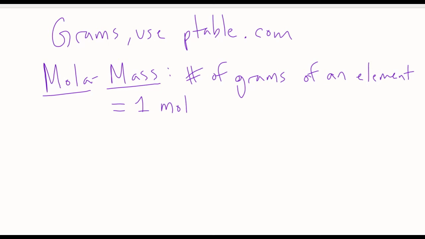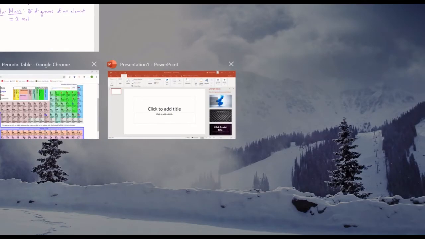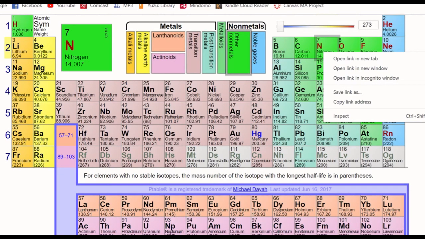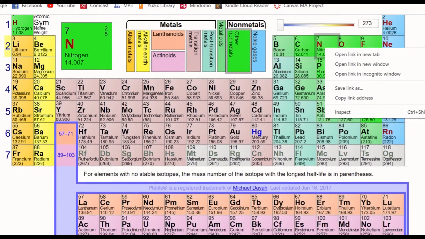When looking at our periodic table, I'm just looking at this one here. Looking at nitrogen, there are 7, that's its atomic number, the number of protons. And we're going to look at this number down here at the bottom. This 14.007 is the molar mass of nitrogen.